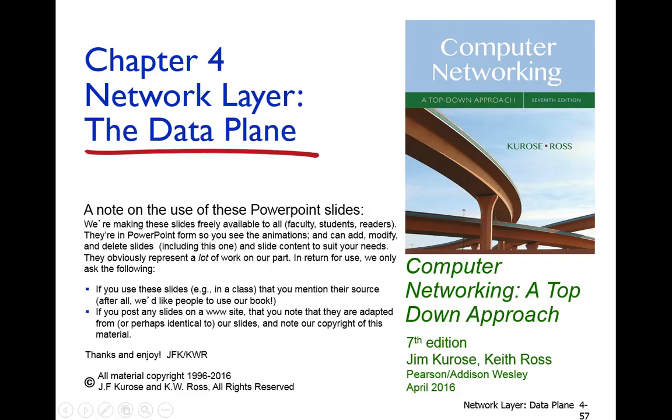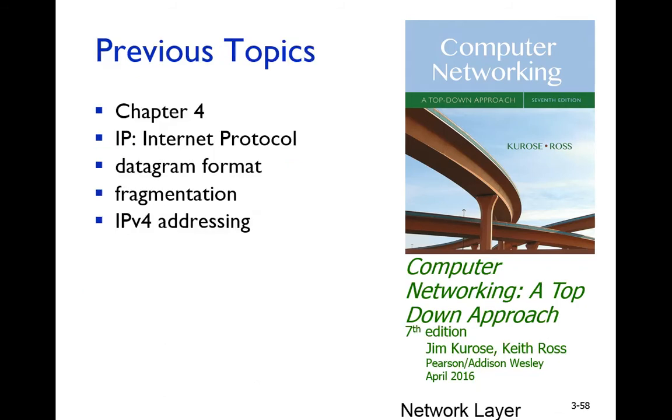Okay, we are going to continue chapter number 4, network layer, the data plane. We have discussed the IP, Internet Protocol, its header format, and how fragmentation is performed, and we have discussed a little about the IP version 4 addressing scheme.